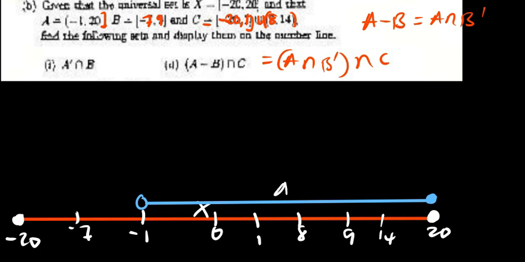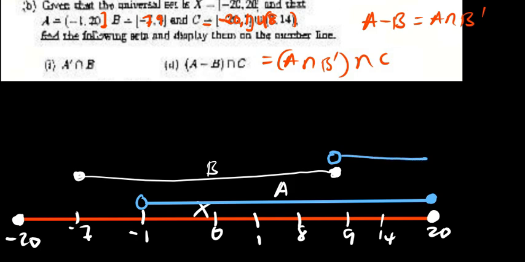That is my A. What else? Another thing I have to take note of is that I want to find what my B complement is. My B is negative 7 all the way to 9. So from negative 7, both are included, all the way to 9 here. In between here, that is B. But we want the complement, meaning that starting from this point, since this is included, then that will not be included, until the last one I just follow the way it is.